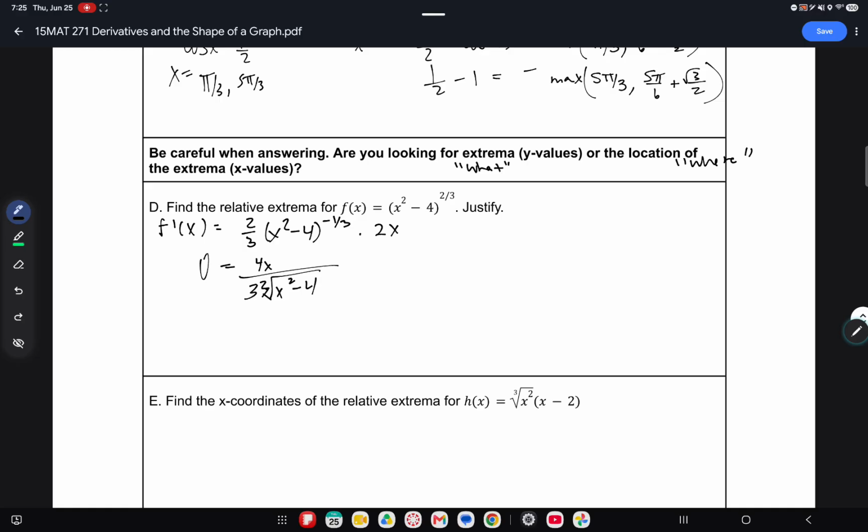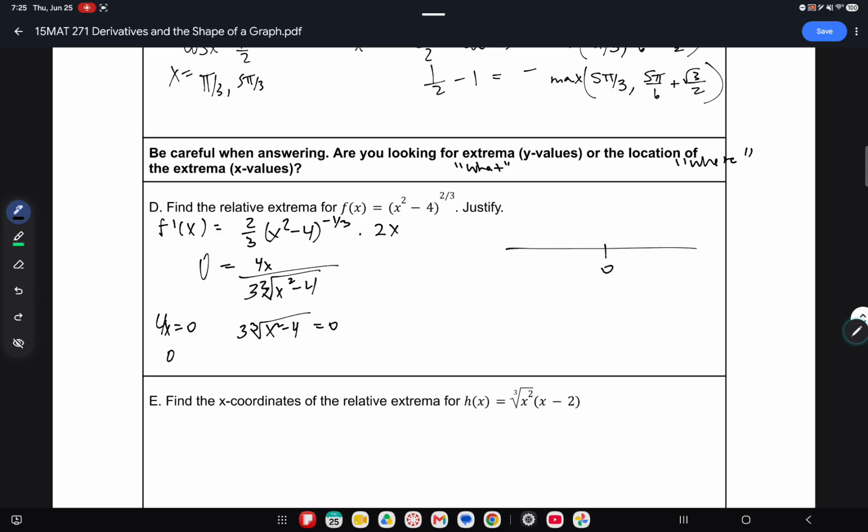When I set this equal to 0 to find any extrema, my critical values, I need to find the zeros and where we're undefined. So that's setting the numerator and denominator equal to 0. So one critical value is 0.